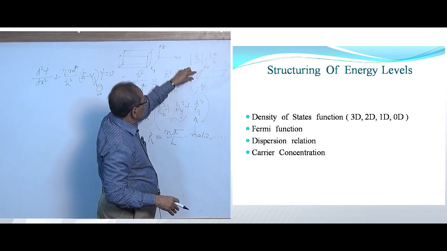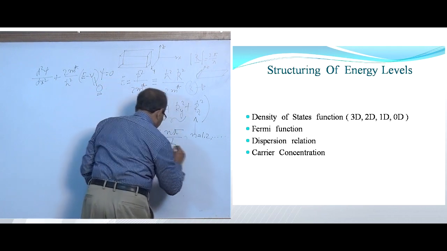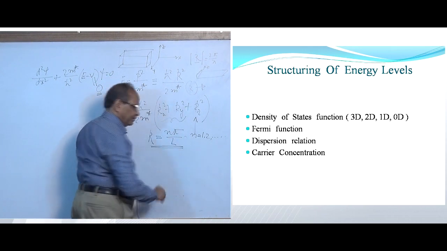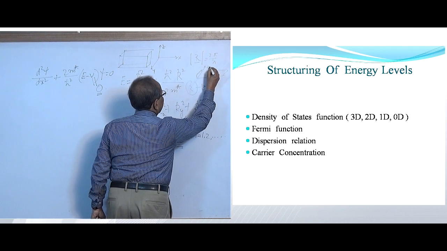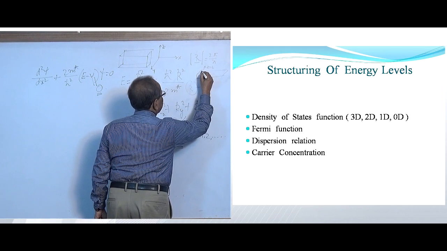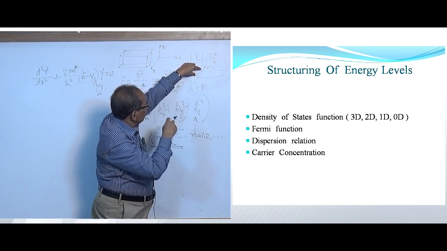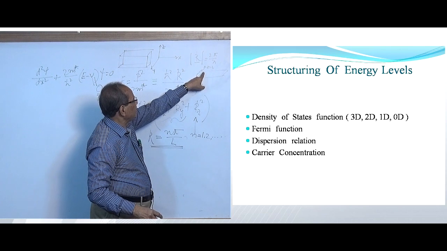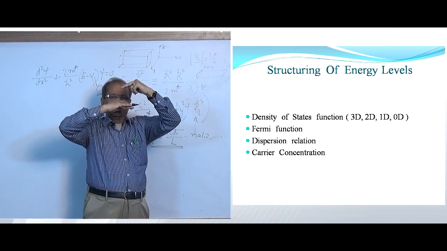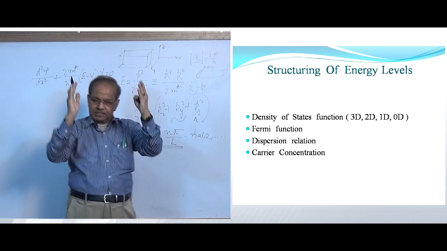So the restricted motion is in the z direction, and the k value takes only some chosen values, n pi by L, where L is the z dimension. One potential barrier is here and another is here, up and down. The two potential barriers make a well.